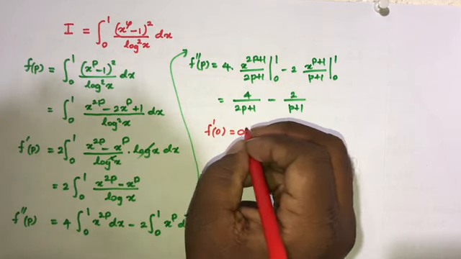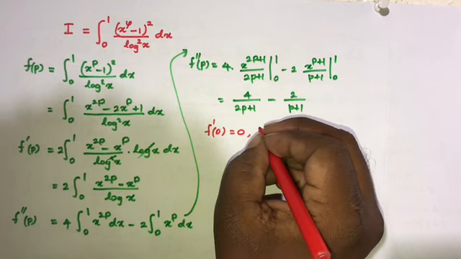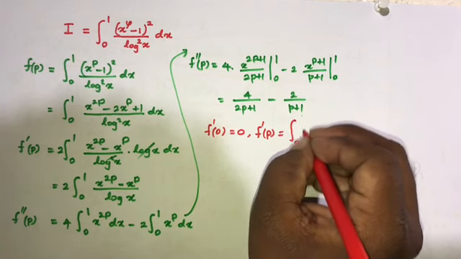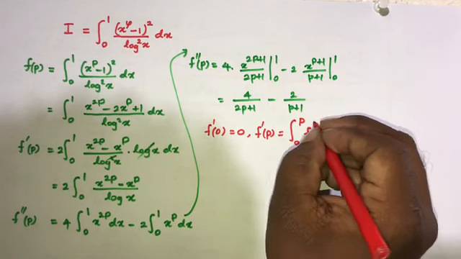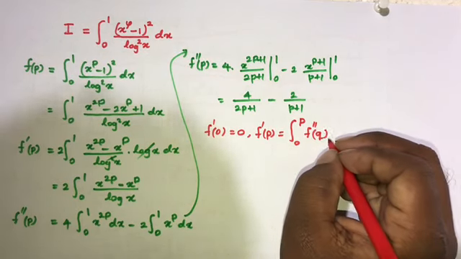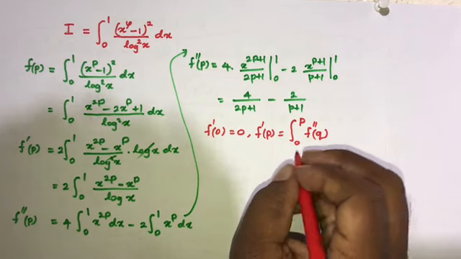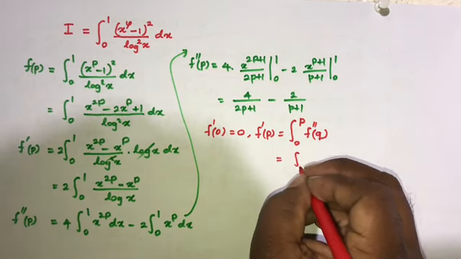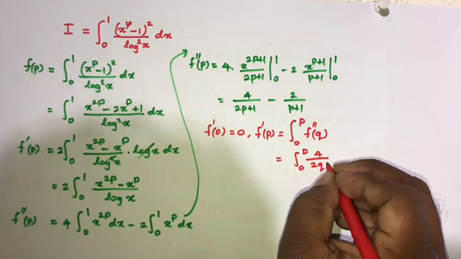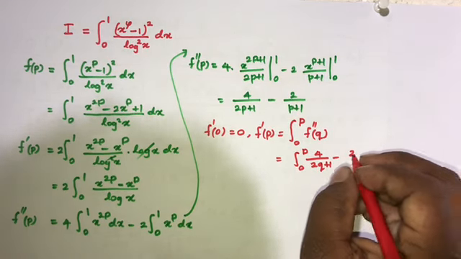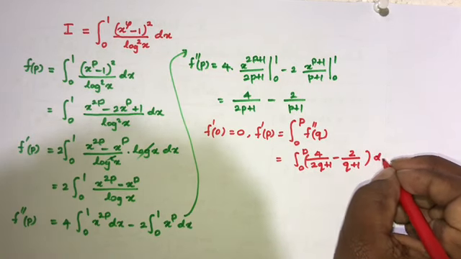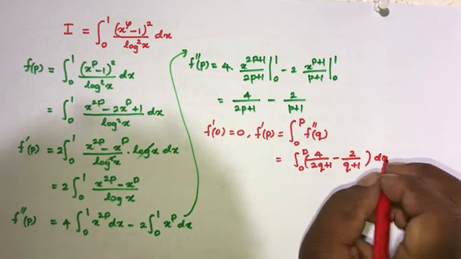Well, now we know f'(0) is 0, therefore we can write f'(p) is equal to the integral from 0 to p of f''(q) dq. So this is equal to the integral from 0 to p of 4 over 2q+1 minus 2 over q+1 dq.